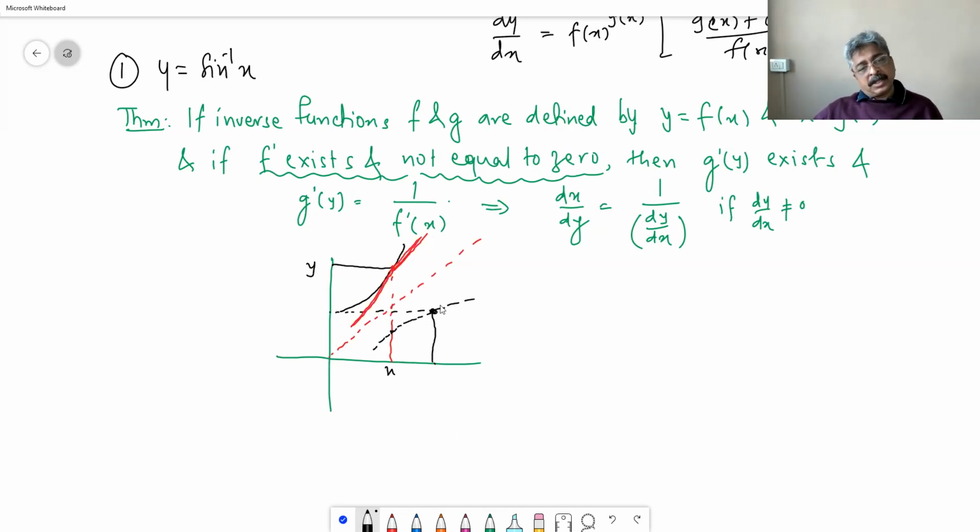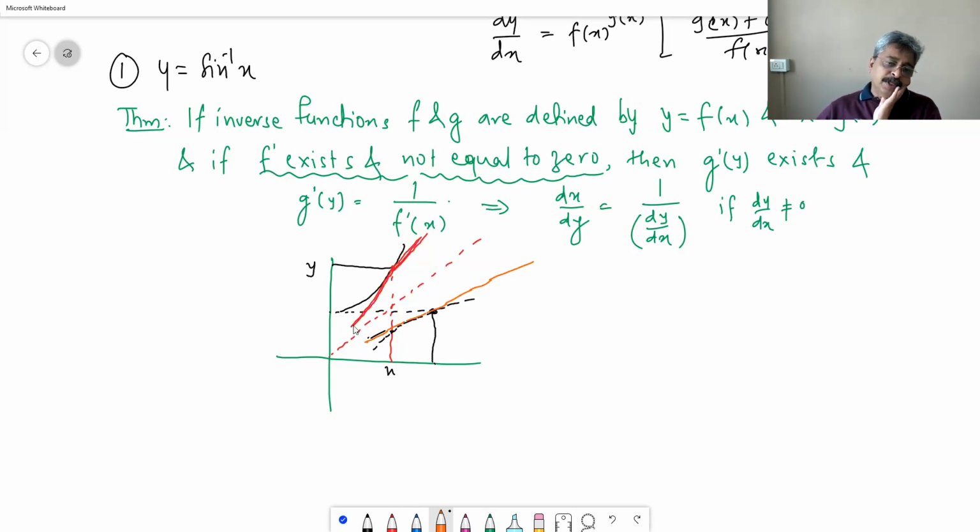And then if this is the tangent, the new tangent will be something like this. So essentially the angle bisector of these two tangents must be y is equal to x. That is what I am trying to tell you. It is a reflection of a tangent in the angle bisector, which is y is equal to x.